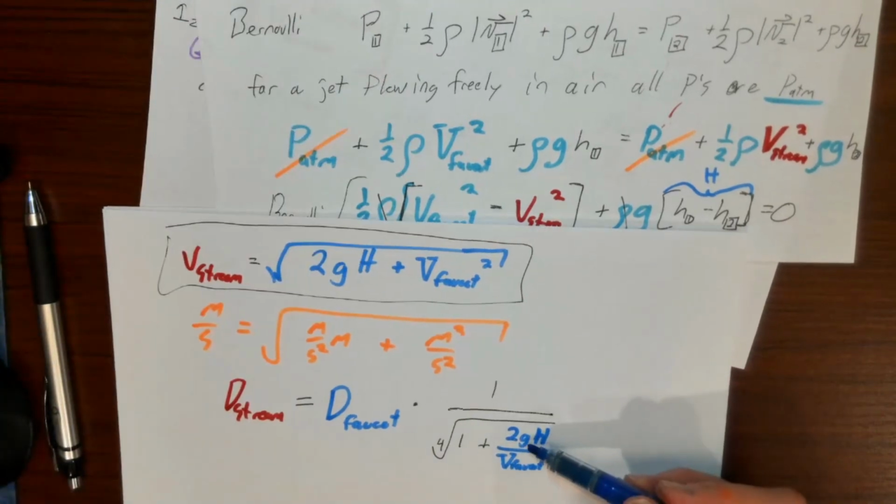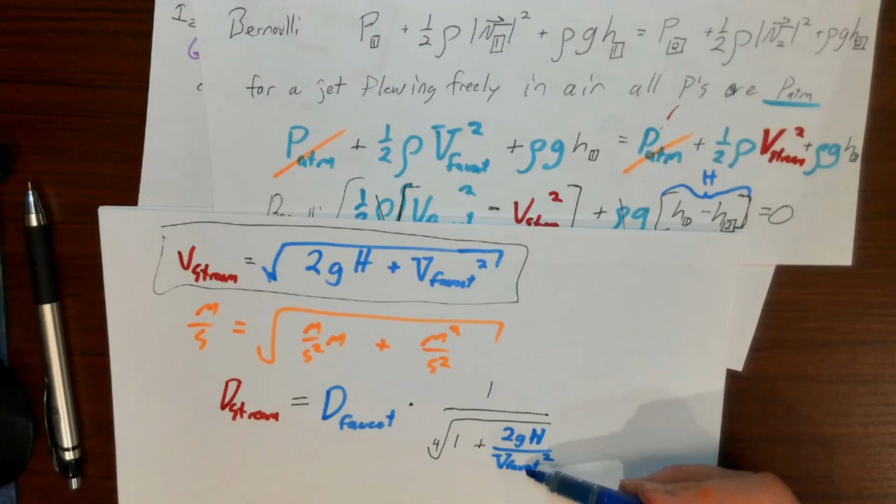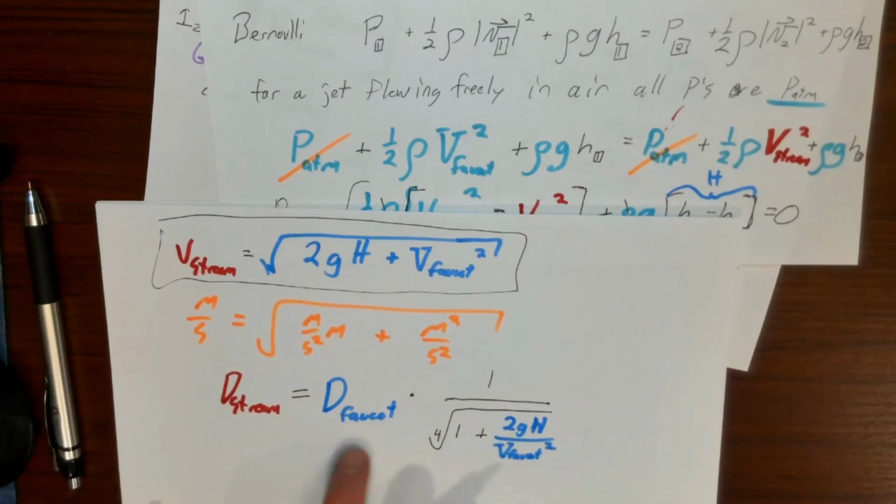And if you check out the units, g times h is meters squared per second squared, so dividing it by v squared is fine, unit-wise. That means this whole quantity right here is unitless.